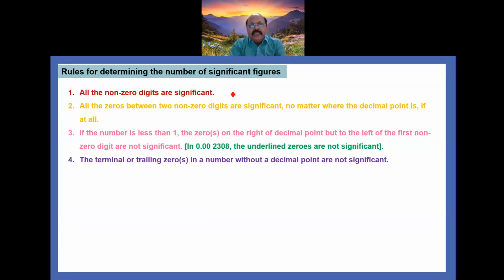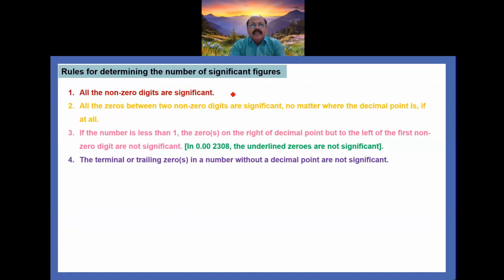All are non-zero digits, so they have 4 significant figures. The second rule: all the zeros between two non-zero digits are significant, no matter where the decimal point is, if at all. For example, 2.308 or 23.08. The 0 is in between two non-zero digits, no matter where the decimal point is, so that has 4 significant figures.